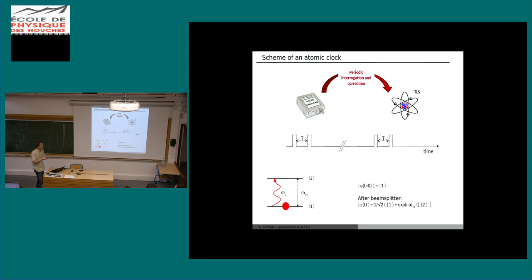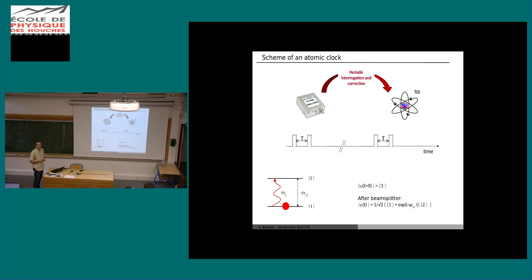The atom is at the same time here and there, with an amplitude of probability 1 over square root of 2, and there is also a relative phase between the two, and this relative phase is evolving at a frequency that is given by the energy spacing of these two. So you initialize this system, and it starts turning pretty fast. If it is cesium, it is 9.2 gigahertz. If it is a strontium clock, it is hundreds of terahertz, and so on. But it's turning fast.